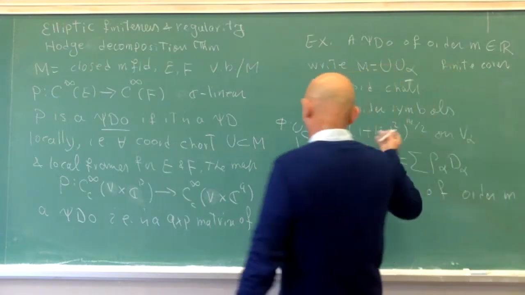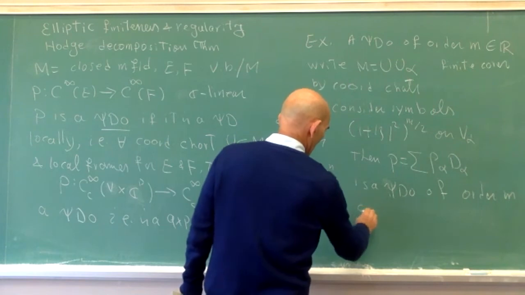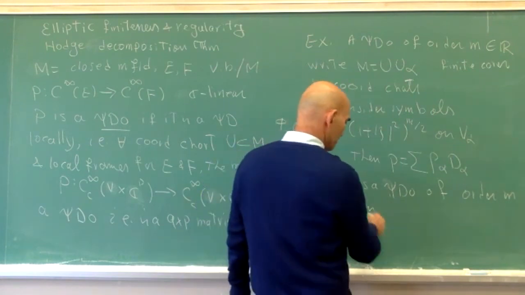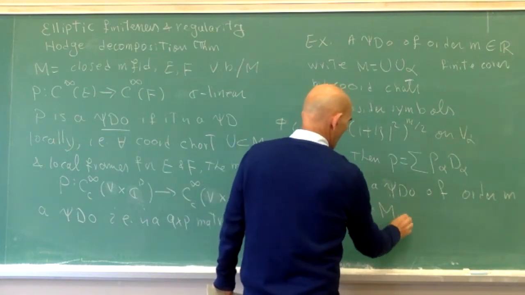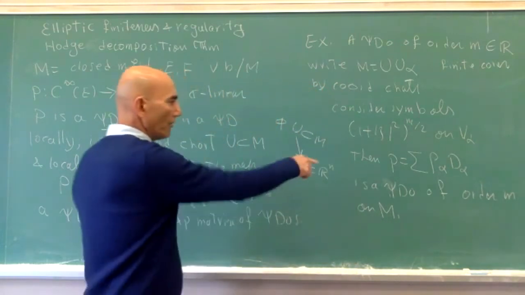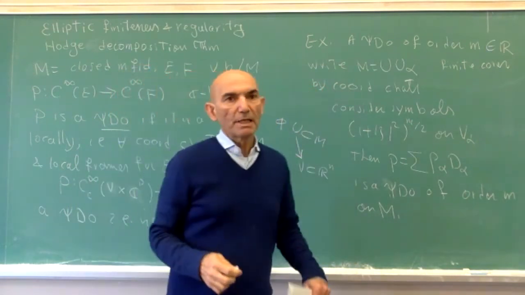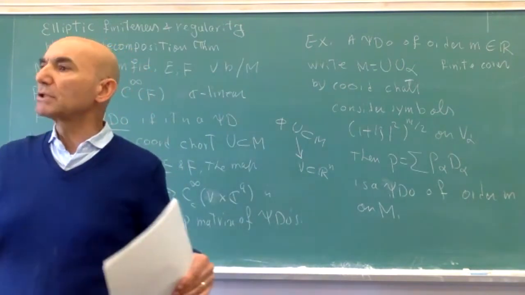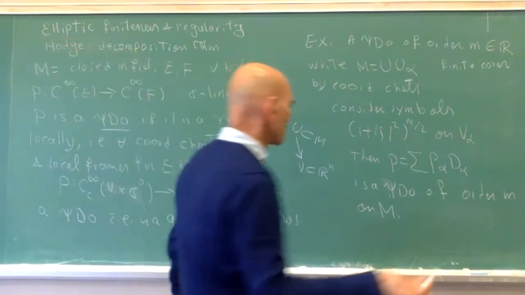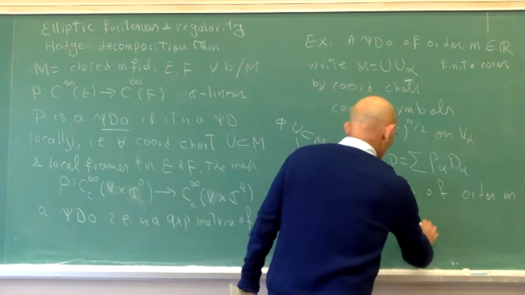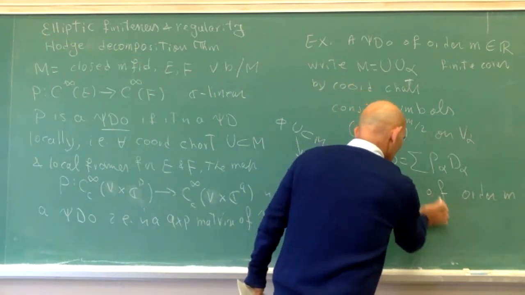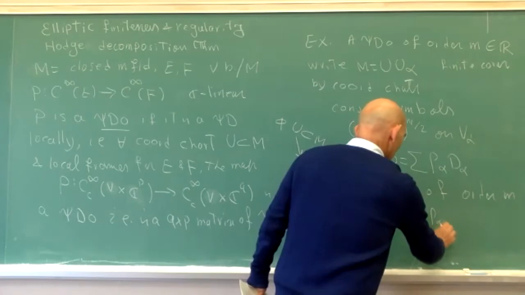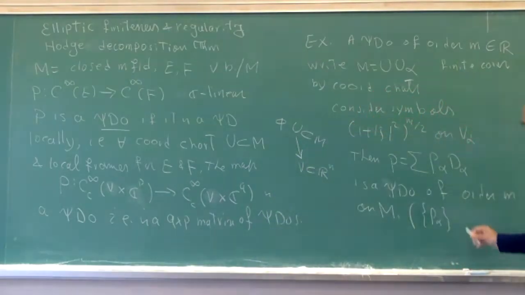It's a scalar pseudo, the way I defined it, on M. So what are the rho alphas? Rho alpha is a partition of unity subordinate to this cover U alpha.